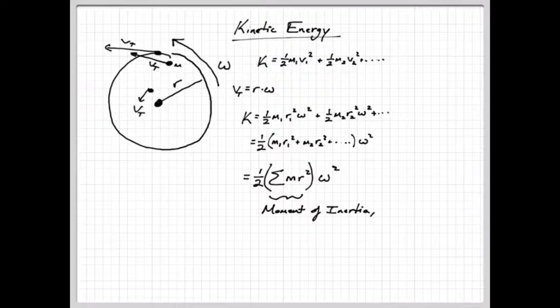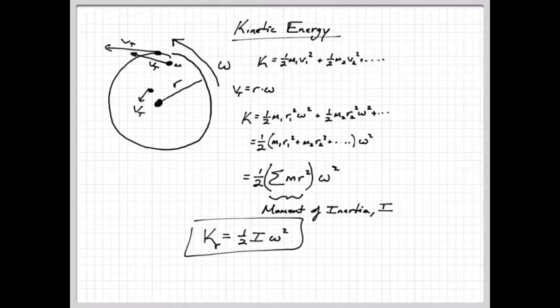As a variable, we label that with a capital I. So rotational kinetic energy is simply 1/2 this moment of inertia times the angular speed squared.